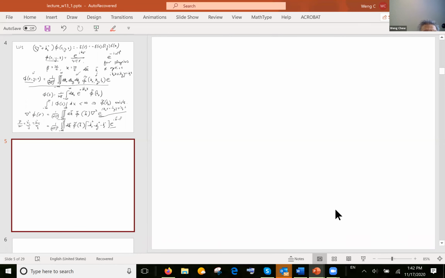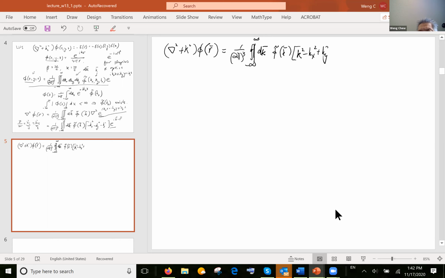When you substitute in, I will have Laplacian plus k naught squared acting on phi of r equal to 1 over 2 pi cubed, a triple integral dk bar, phi tilde of k, which is kx, ky, kz, and then k naught squared minus kx squared plus ky squared plus kz squared.